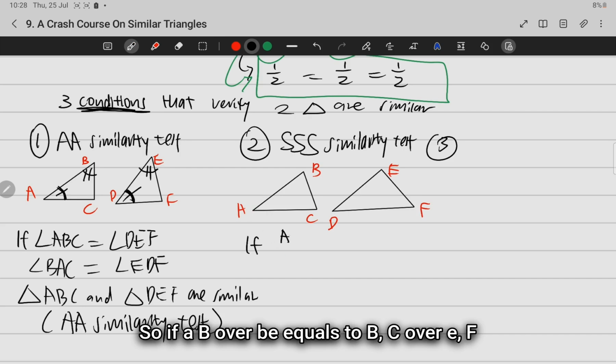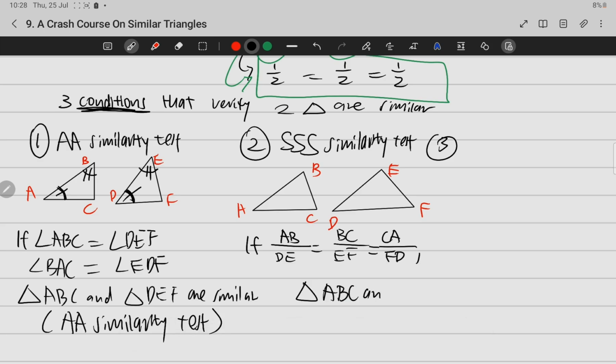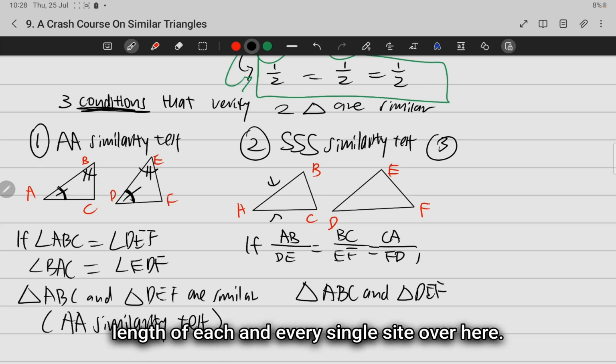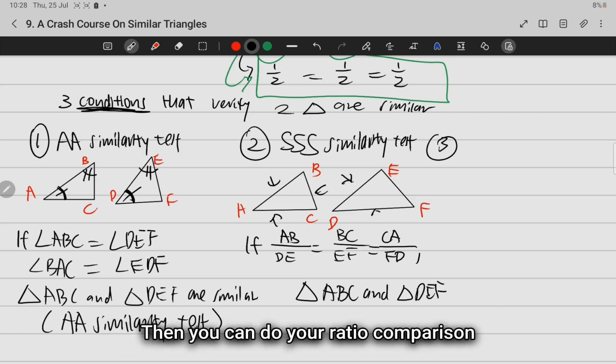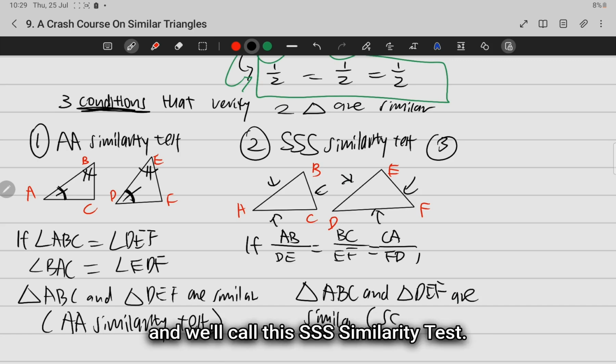If AB over DE equals BC over EF equals CA over FD, then they are similar. Obviously, to prove this, you will need to find out the length of each and every single side over here. Then you can do your ratio comparison. And we'll call this the SSS similarity test.